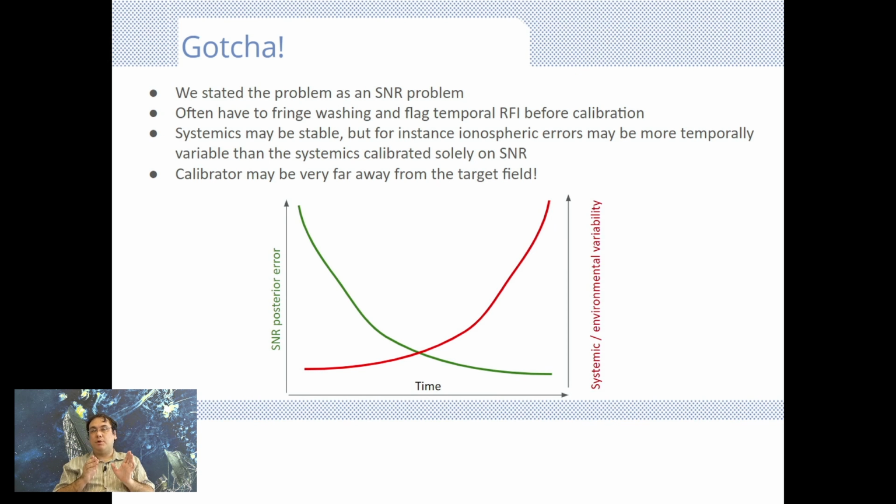So there's always this interplay between achieving enough SNR to derive solutions that are not time variable versus the time variant effects that we're trying to actually capture within the solutions. Then, as I said, the calibrator might be very far away from the target field, so this all drives the necessity to observe calibrators within our observation and the lengths that we observe them for.